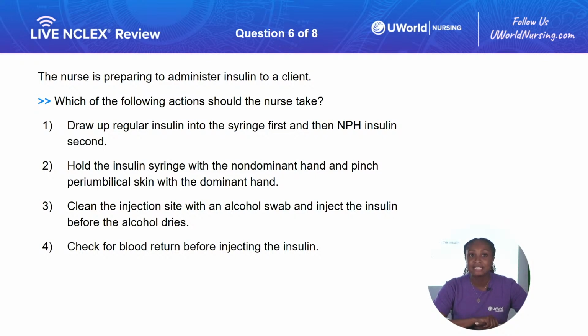Option 3, clean the injection site with the alcohol swab and inject the insulin before the alcohol dries. And option 4, check for blood return before injecting the insulin. Let me know what you guys think in the chat. This is another question that you can kind of like act out to see if you are doing the correct type of action.